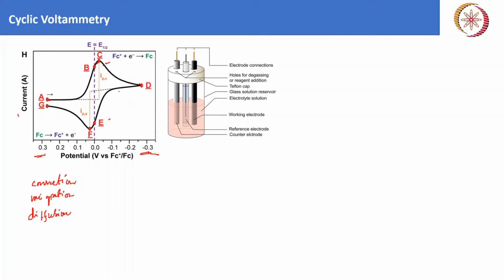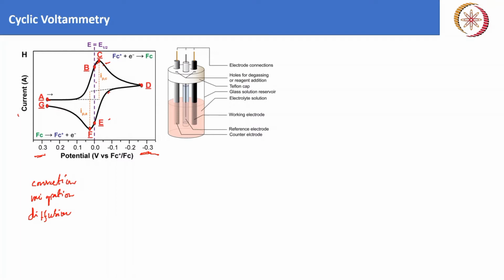After that it is shifted a little bit, because the ferrocene is in the bulk solution and is coming again to the electrode surface, so there is some time gap. For this it is not exactly at the same position of the potential as the reduction.